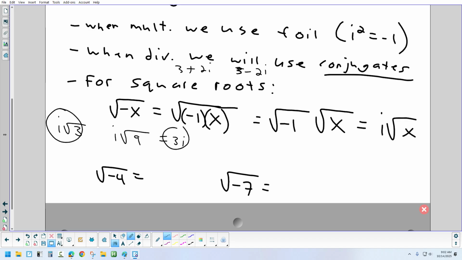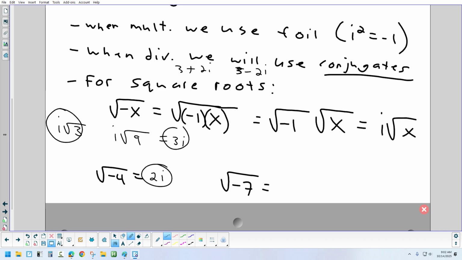Okay. Plus or minus. So there's no plus or minus symbol in front. If there was, then we'd have to take into account both. But right now, it's just the square root symbol, which means the positive one. 2i. 2i, yeah. Okay, so we get 2i.